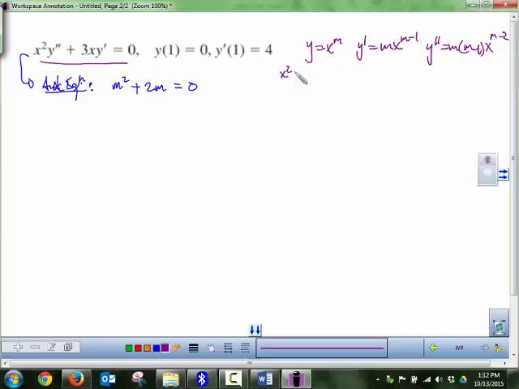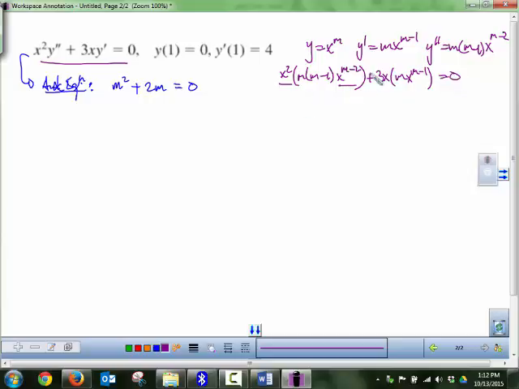I have x squared times y double prime, which is m times m minus 1, x to the m minus 2. And then I have 3x times y prime, which is m, x to the m minus 1. And then I don't have a y, so I don't need to use this. And this is set equal to 0.